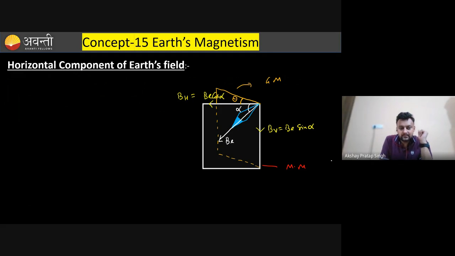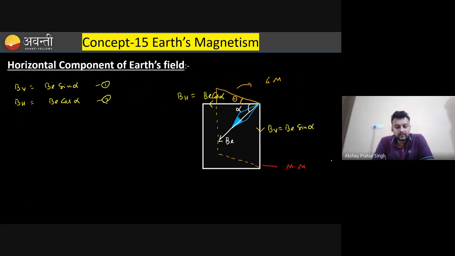Now you can make some equations. What will be those equations? First equation will be, you can see, the vertical component is BE sin alpha, equation number one, and the horizontal component is BE cos alpha.